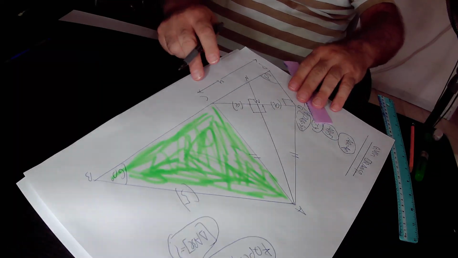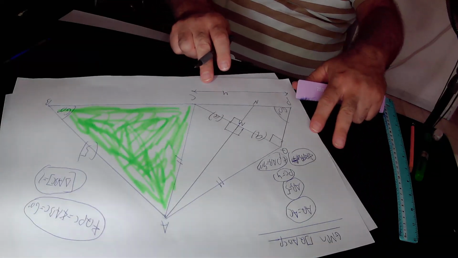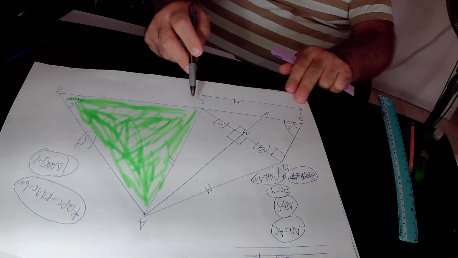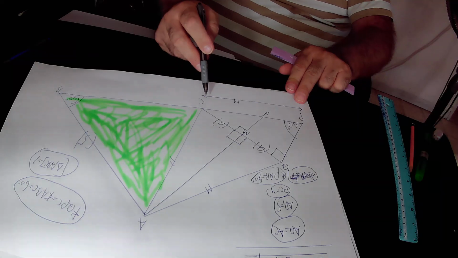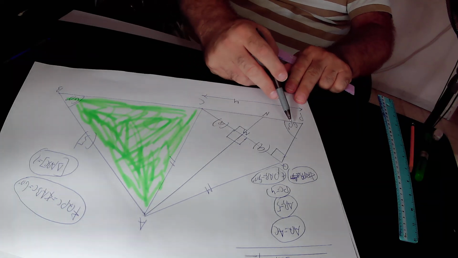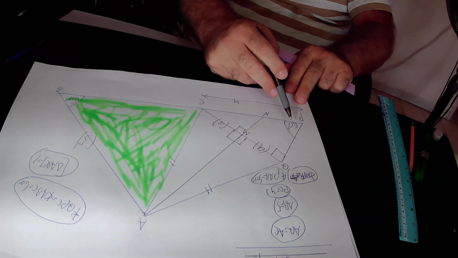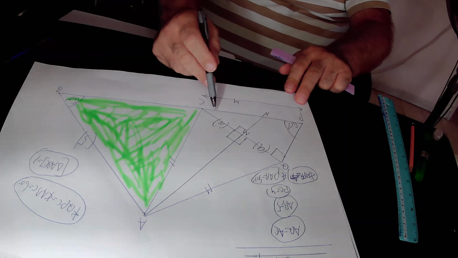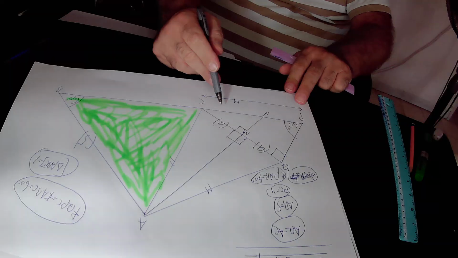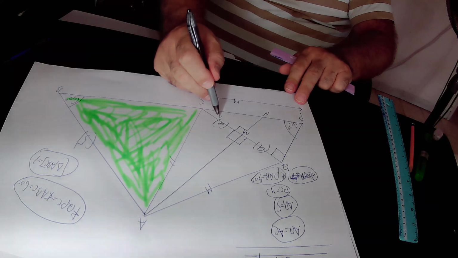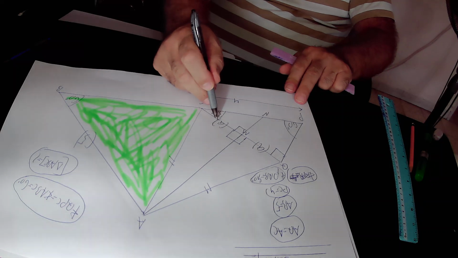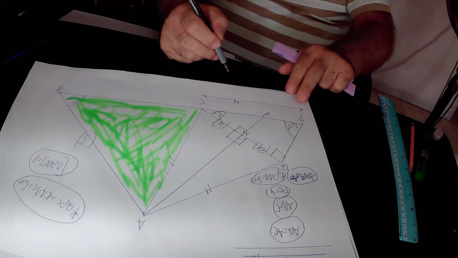In the next step, we focus on the right triangle PQC. In the right triangle PQC, 90 degrees plus 60 degrees is 150 degrees. Therefore, this first missing angle must be equal to 30 degrees in its size, according to the rule that says that the sum of the angles in any triangle is equal to 180 degrees.